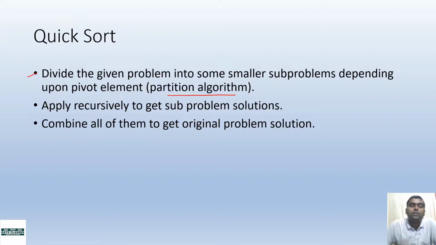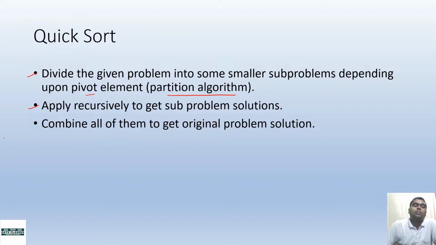Okay, so divide the given problem into smaller subproblems depending upon the pivot element. Don't worry, I will show you what the pivot element and partition are. Next is to apply recursion to get the subproblem solutions. So just do the recursion again and again to get the solutions of the subproblems which we formulated in the previous step, that is divide.